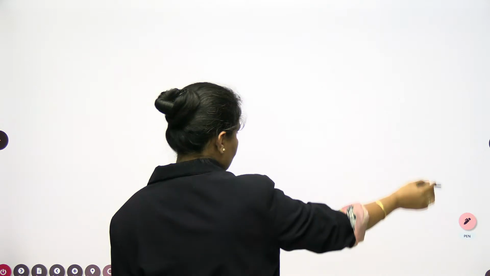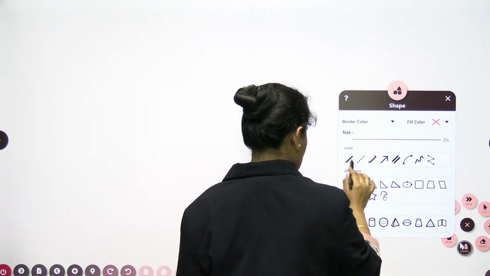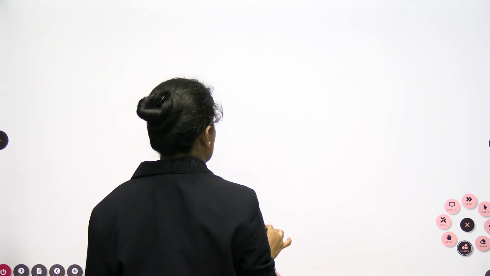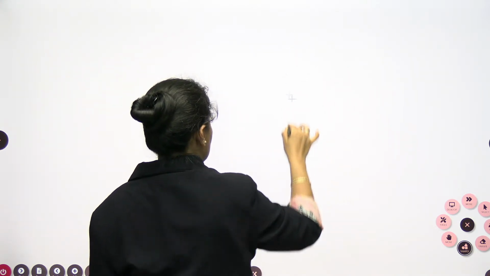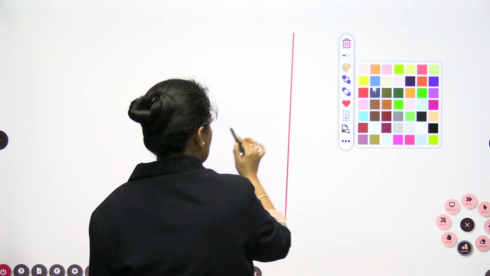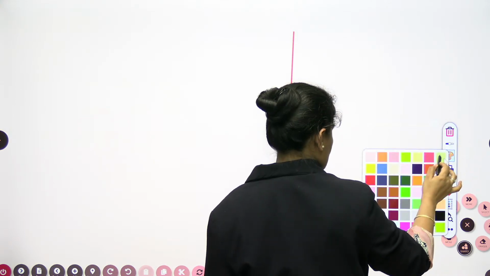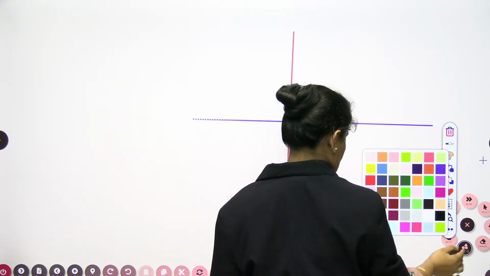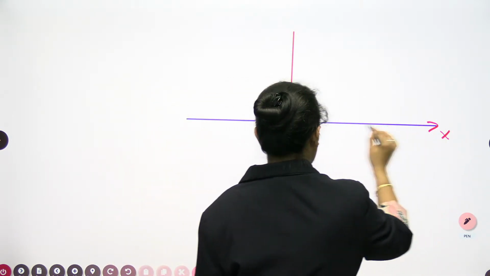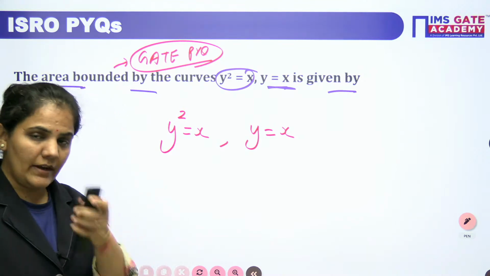So I need to make the figure here. If I make the figure here, bacho, if I'm having this one as my x-axis and this one as y-axis, I need to draw y square is equal to x.